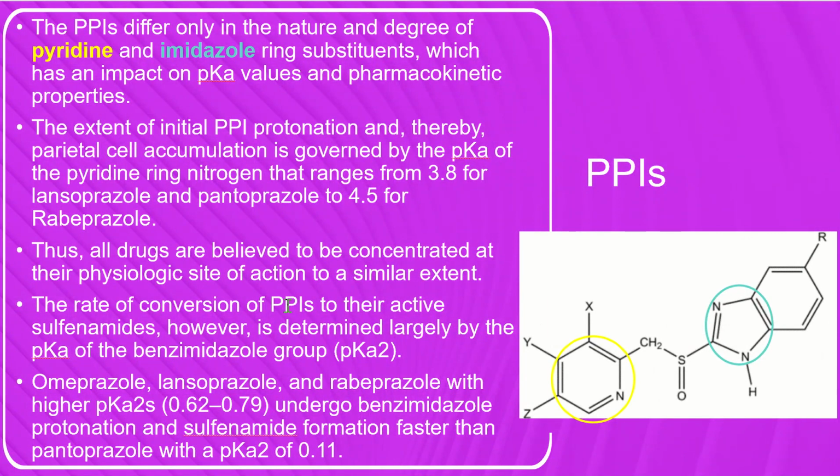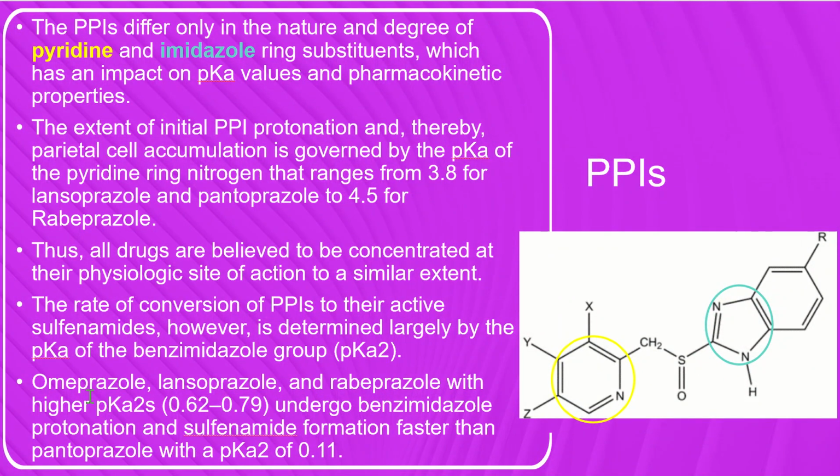So the rate of conversion of the PPIs to their active sulfenamides, however, is determined largely by the pKa of the benzimidazole group, which we will label as pKa2. So pKa1 is the pKa associated with the pyridine, and pKa2 is the benzimidazole group pKa.